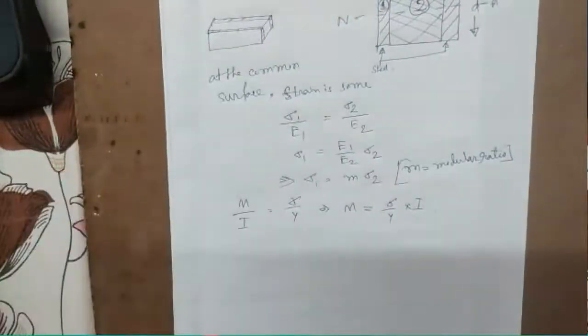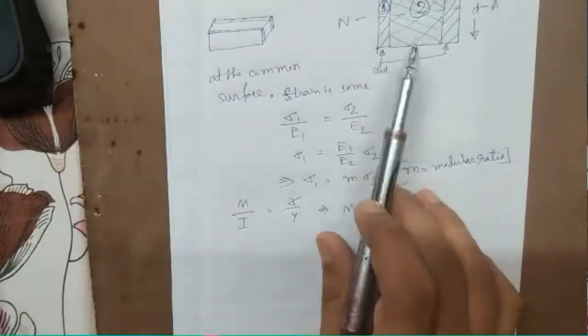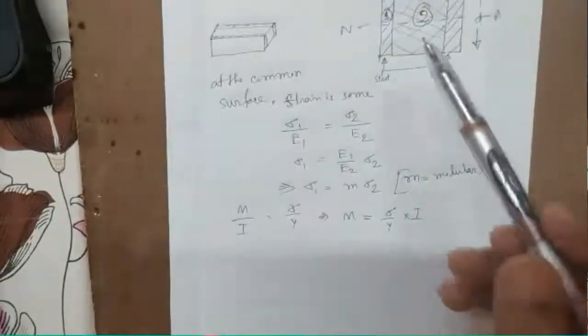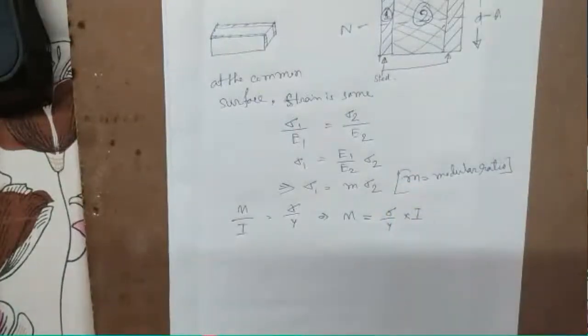M is equal to sigma by y into I. Now in this image the value of y will be same because both the bars have d by 2 distance from neutral axis, the last fiber having d by 2 distance, so y will be equal to d by 2.